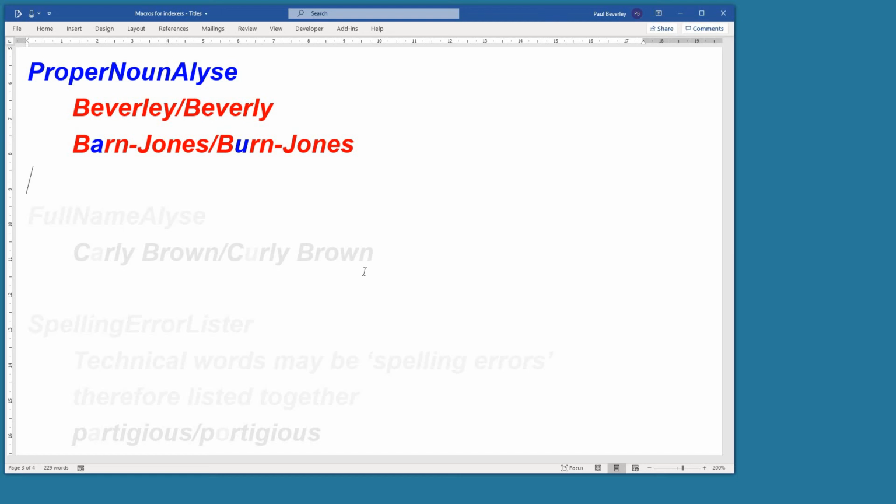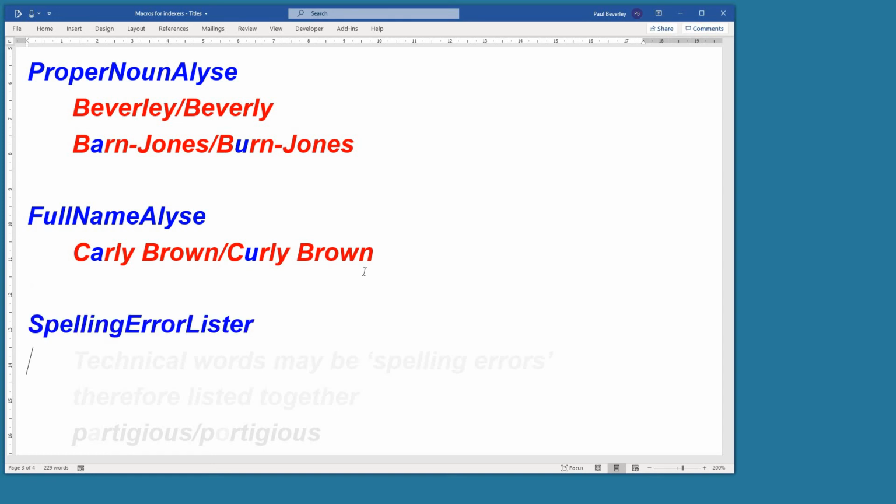They'd be even more spread out when it's not just a list of proper nouns, but a list of all the words that need indexing. Second idea is a macro called FullNameAlyse, and again, same sort of idea that it's pairs of proper nouns, and so you might want to look at whether that might be helpful.